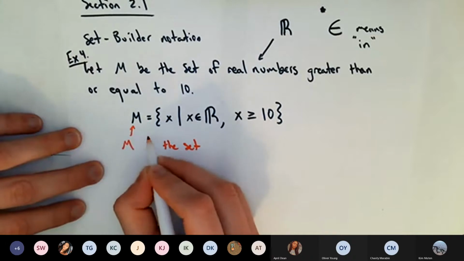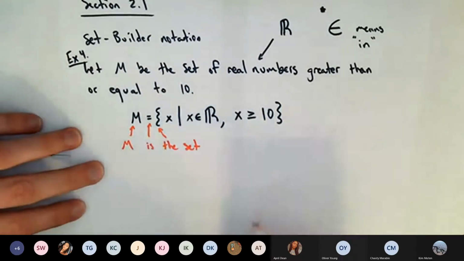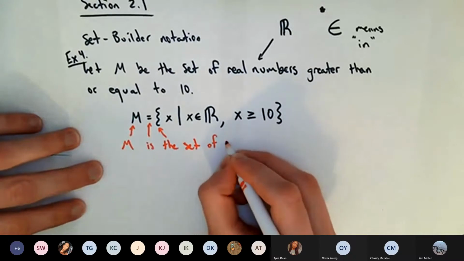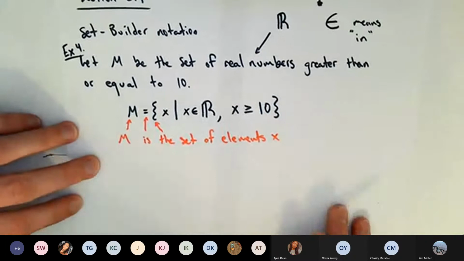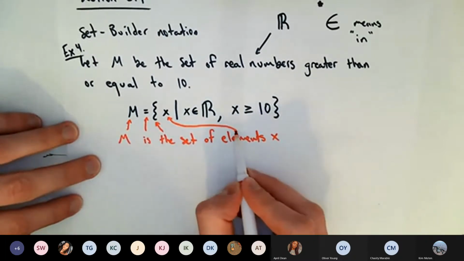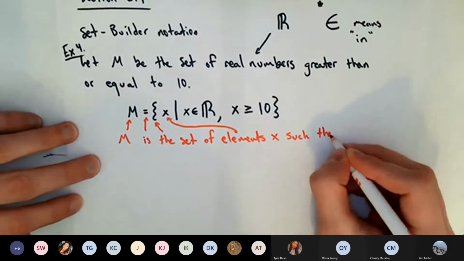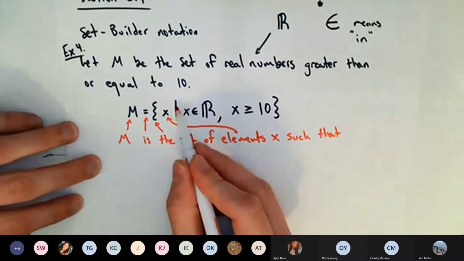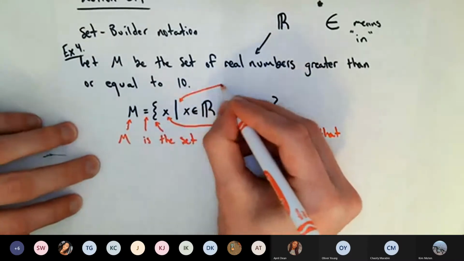So M is, and then the set is coming from the curly brackets of elements X, which is just coming from this X, right? Elements X, such that, now I'm going to run out of room drawing my arrows, but the such that is the bar.